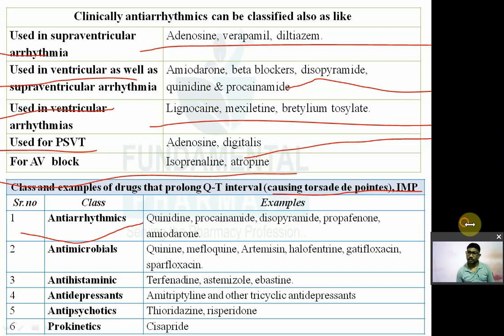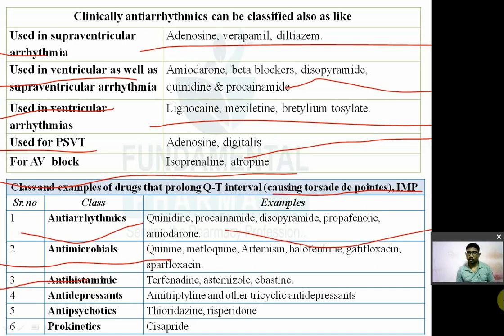Remember, every class 1A anti-arrhythmic drug has torsades de pointes as an adverse effect. Then the potassium channel blocker amiodarone will also cause torsades de pointes. Then anti-malarial drugs like quinine, mefloquine, artemisinin, halofantrine, gatifloxacin, sparfloxacin, and antibiotics like DNA gyrase inhibitors prolong the QT interval and cause torsades de pointes or arrhythmia.